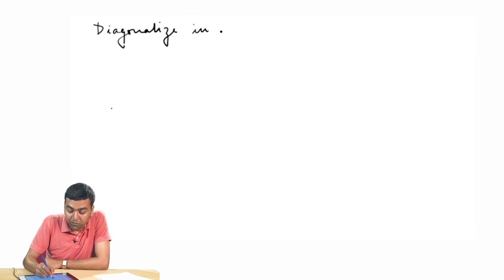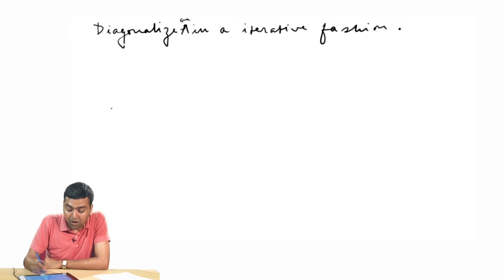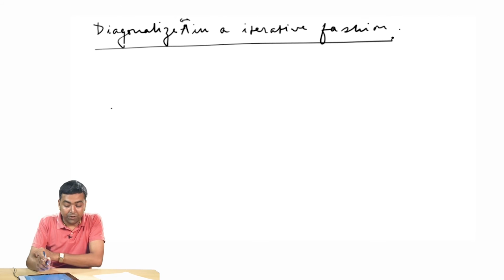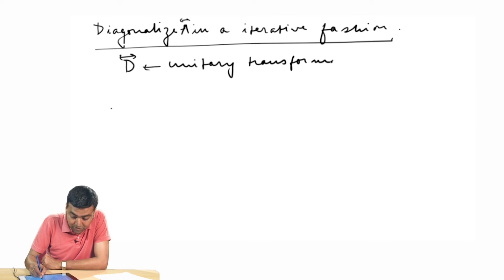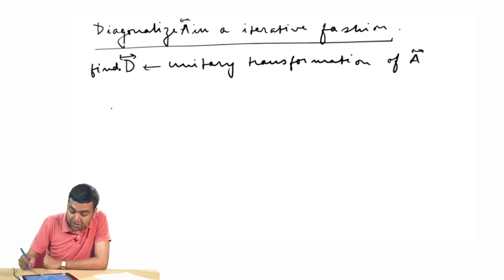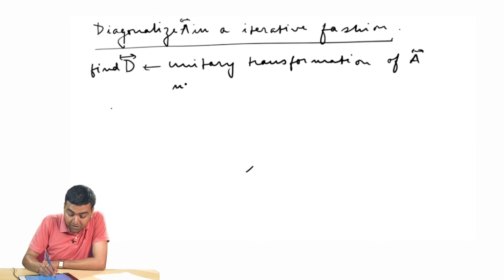What you do is, instead of diagonalizing the full matrix, you try to find a unitary transformation D of A in an iterative way.